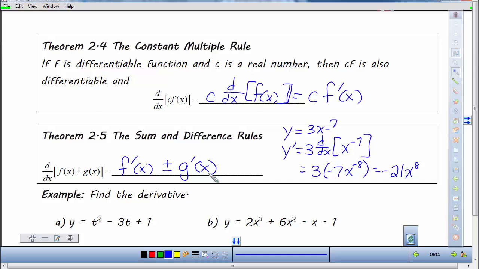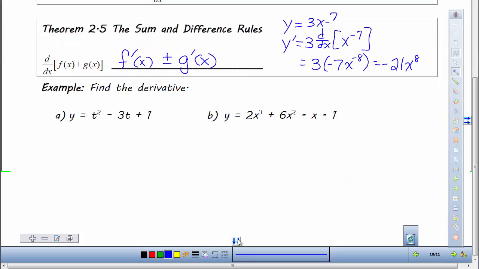Okay, so for example, well, I left negative 8 and I forgot to write negative right here. It's still negative. You could, yes. So we could say negative 21 over x to the 8th.